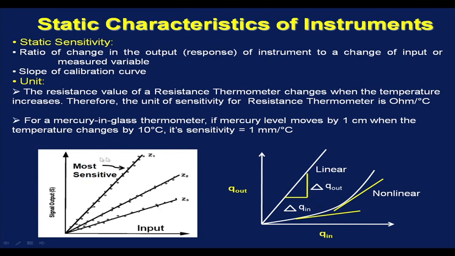Let us take this plot. Let us say these are all calibration curves for different instruments.